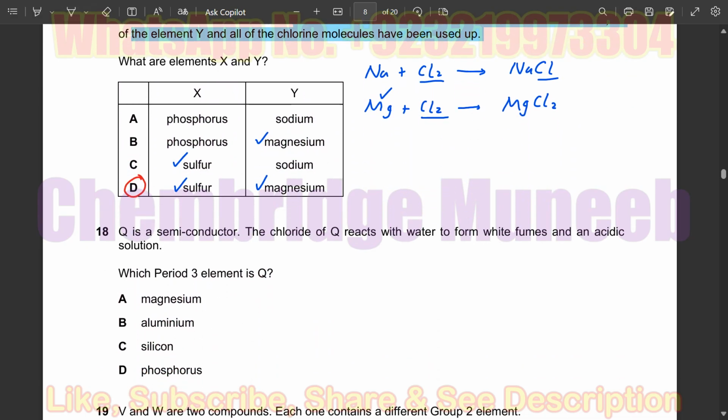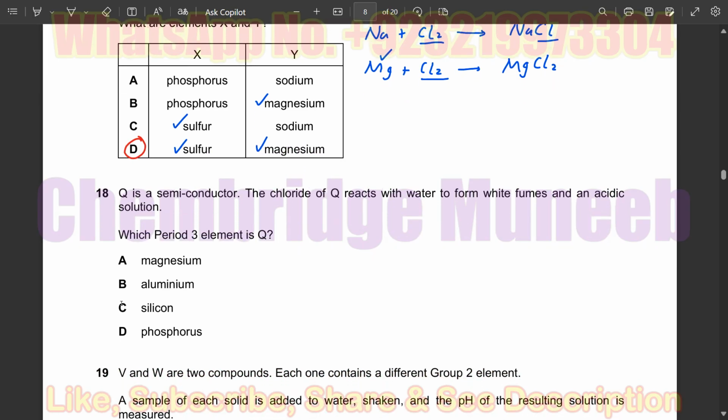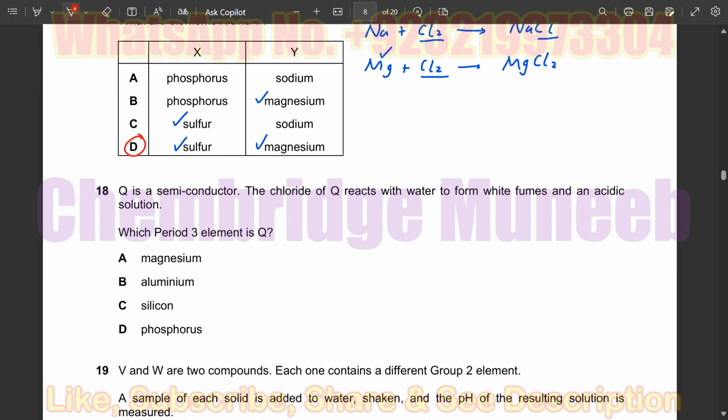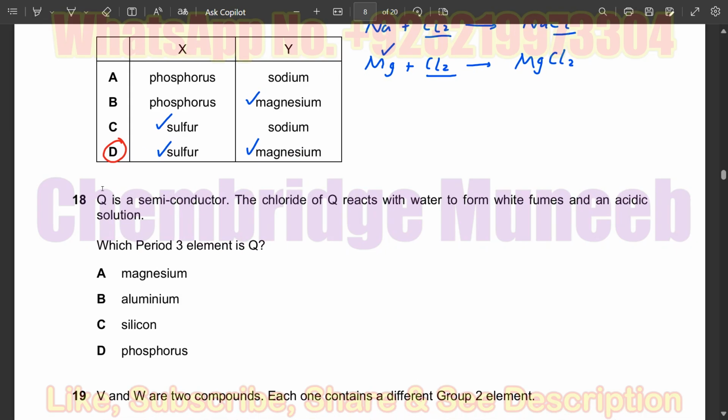Question number 18. Q is a semiconductor. The chloride of Q reacts with water to form white fumes and an acidic solution. Which period 3 element is Q? It is clearly seen that Q is called a semiconductor, and we know that metals are good conductors, non-metals are non-conductors.